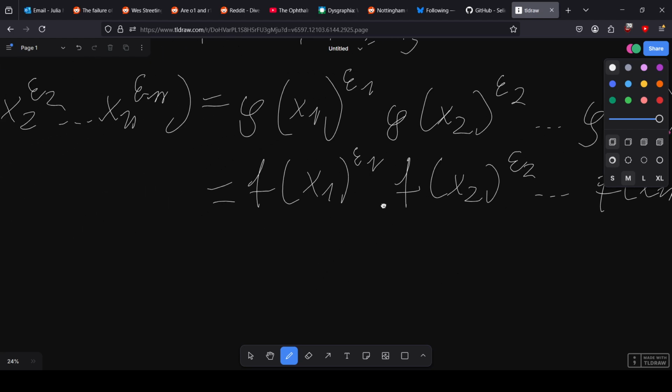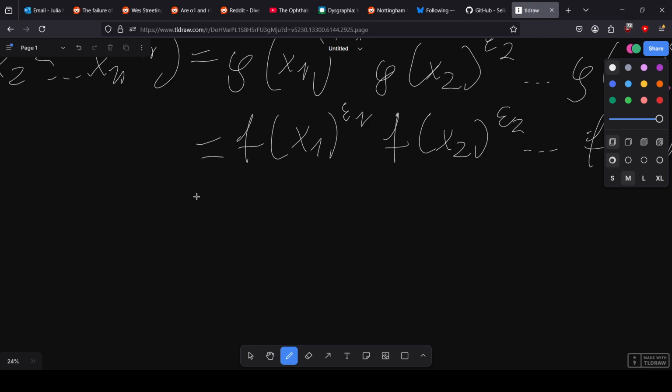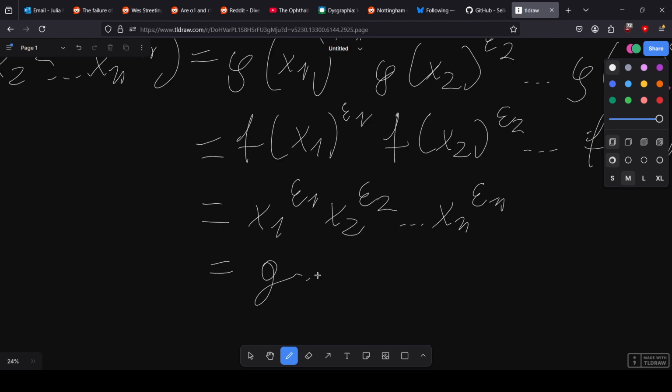So now, because this is an inclusion map, it's exactly the same thing. And we are done, as this is equal to g.